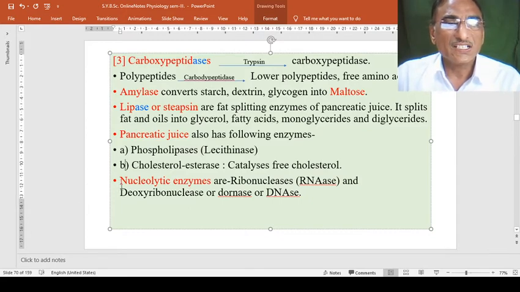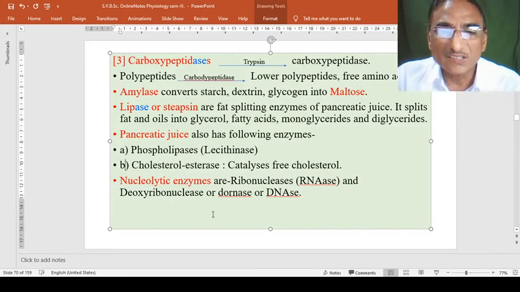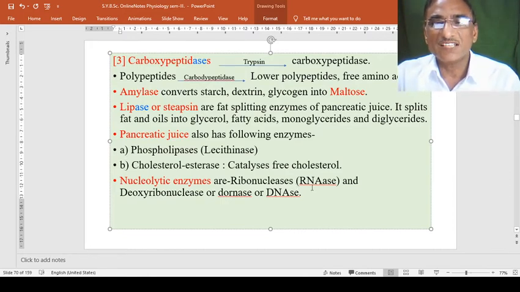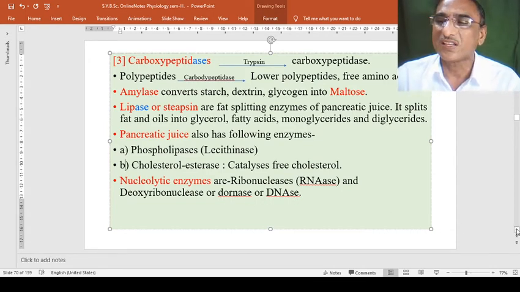Then nucleolytic enzymes also digest some nucleic materials, like ribonuclease, RNase, and deoxyribonuclease, or DNase, which is generally also called dornase. This is another name for the DNase enzyme.